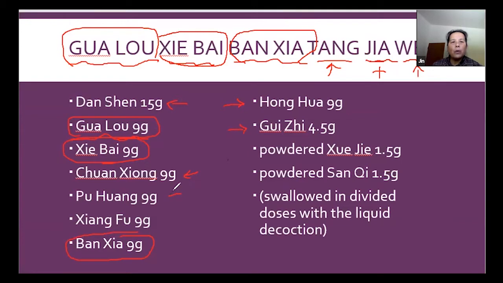And 蒲黄 moves blood. 香附 moves qi. 血竭 moves blood also. 三七 moves blood.